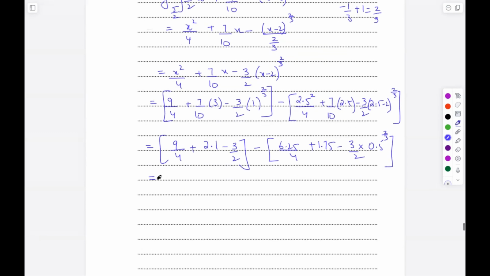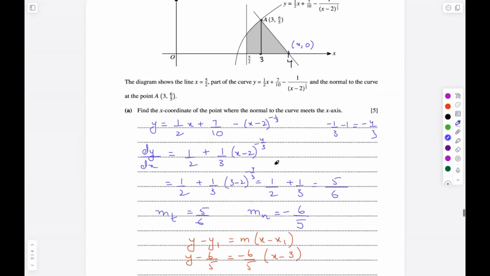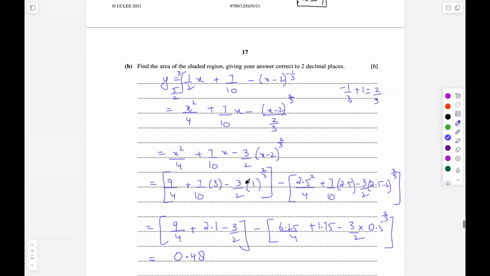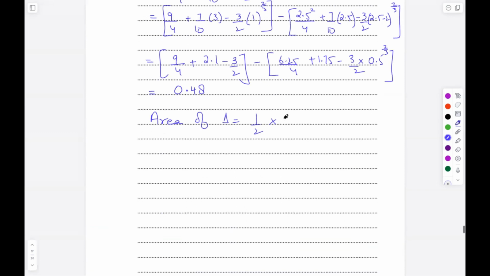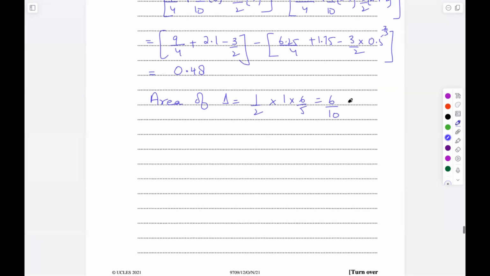Subtracting the values in the calculator, the area under the curve will be 0.48. And now finding the area of the triangle. So this will be 1 upon 2 into 1 into 6 upon 5, which equals 6 upon 10, or in decimal, 0.6.